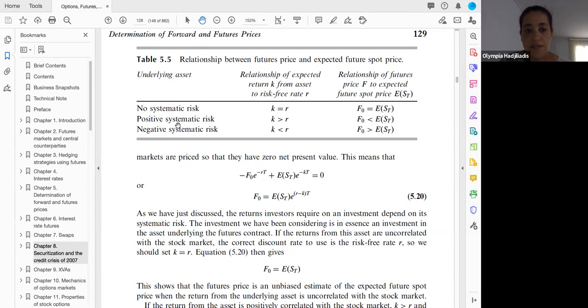We have positive systematic risk if K is greater than R, and then F0 is actually less than the expected value of ST. And we have negative systematic risk when K is less than R, and then F0 is greater than the expected value of ST.